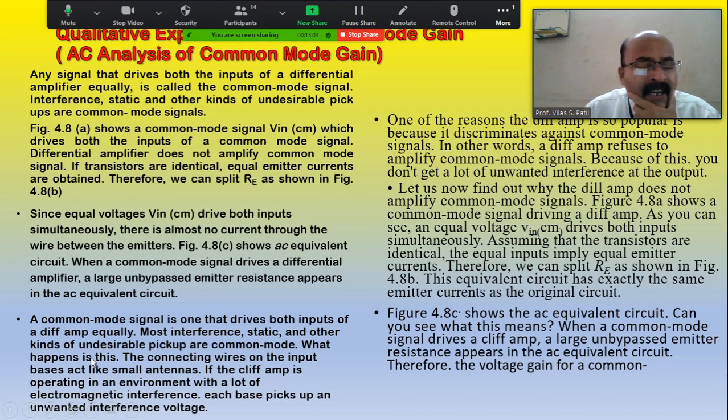What happens is that the connecting wires on the input bases act like two small antennas. Any wire acts as an antenna, so a differential amplifier operating in an environment with a lot of electromagnetic or noise interference will pick up energy from that atmosphere, and each base picks up the unwanted interference voltage.